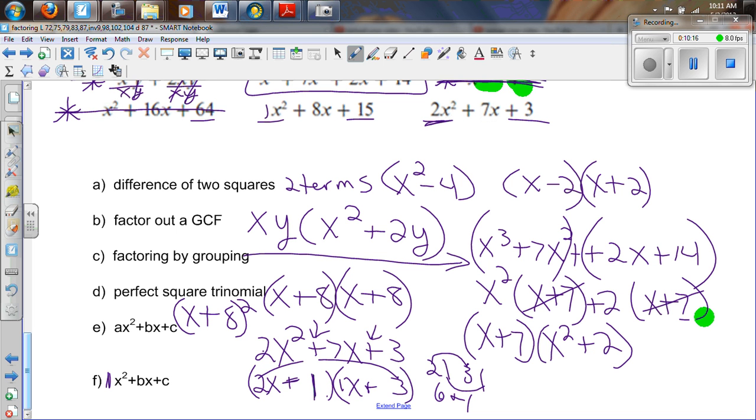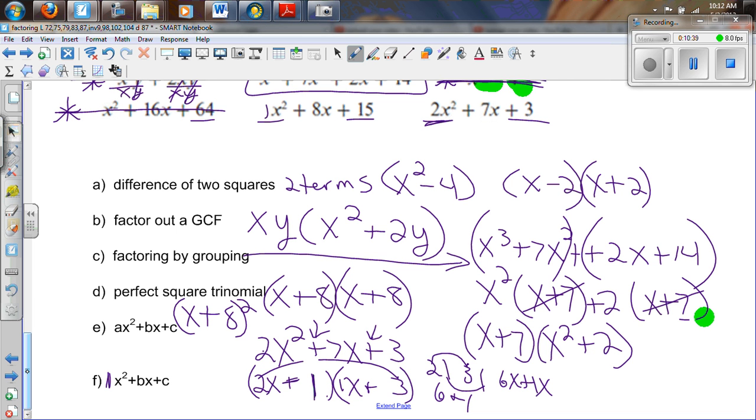So we have 2x plus 1 and 1x plus 3. Now quickly check that. 2x times x is 2x squared. 2x times 3 is 6x. And 1x times x is 1x, plus 6x is indeed my 7x, and 1 times 3 is 3. So I know that that is correct.